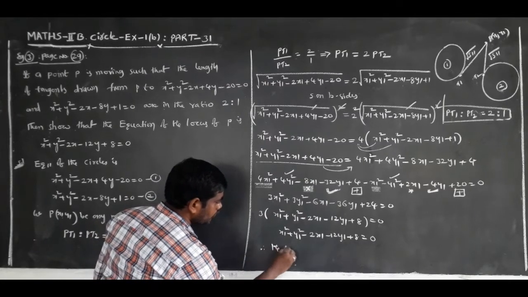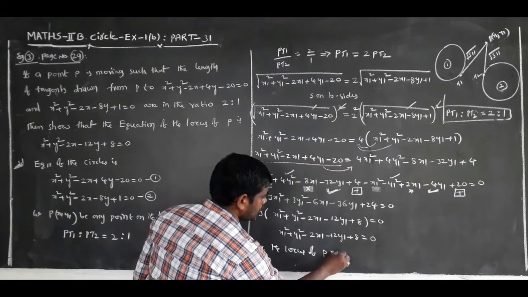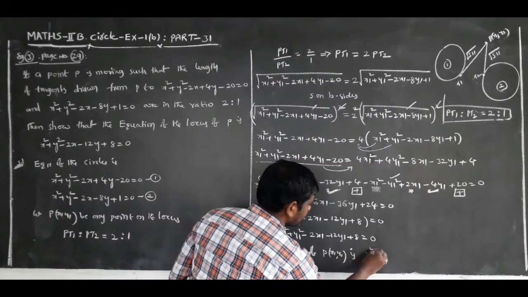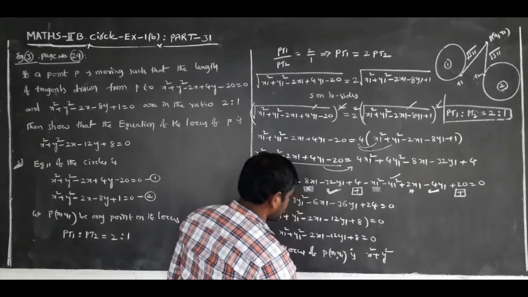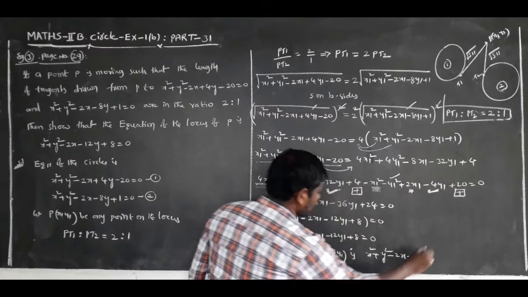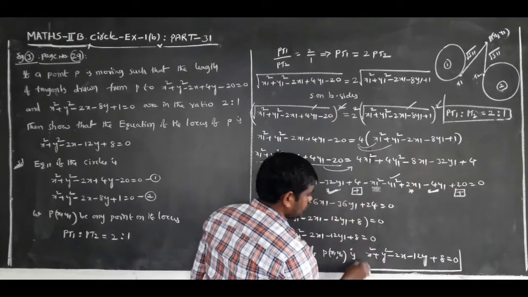Therefore, the locus of P(x1, y1) is x square plus y square minus 2x minus 12y plus 8 is equal to 0.